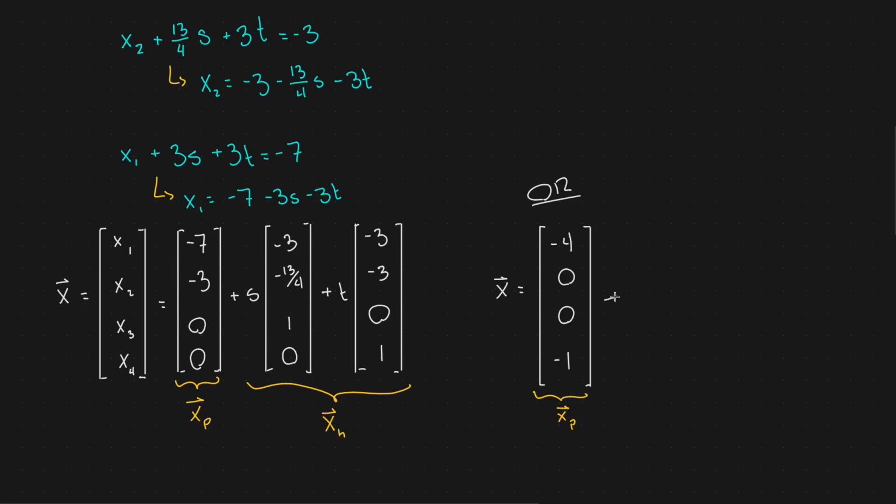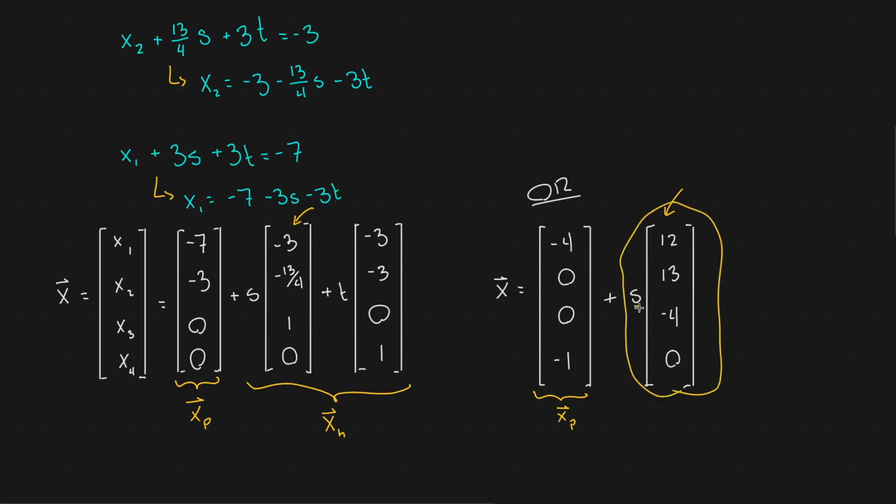So I could do, let's do 12, 13, -4, 0. So all I did is I took this first equation and I multiplied it by -4 because I noticed that it would get rid of the fraction and I'd get more positive terms than negative. This is pointing the same direction as this vector. And so anything I could scale this vector to by multiplying by s, I could scale this vector to the same vector, multiplying it by a different scalar.